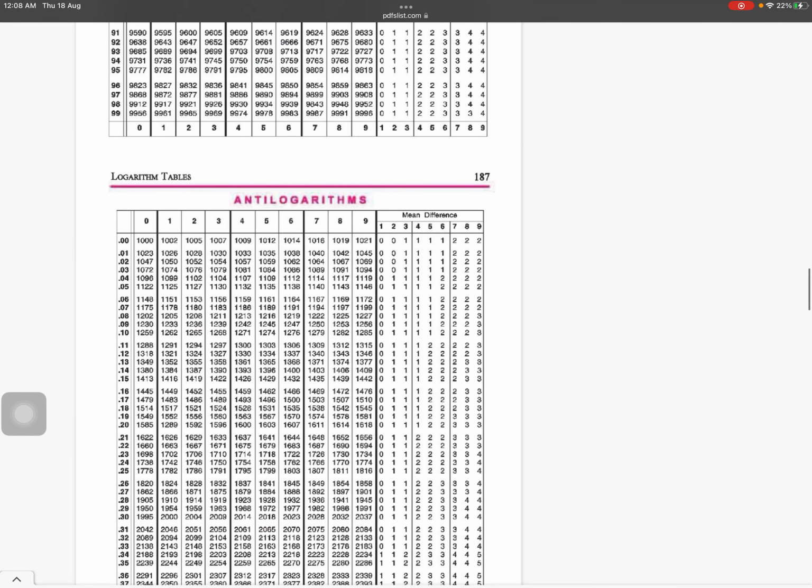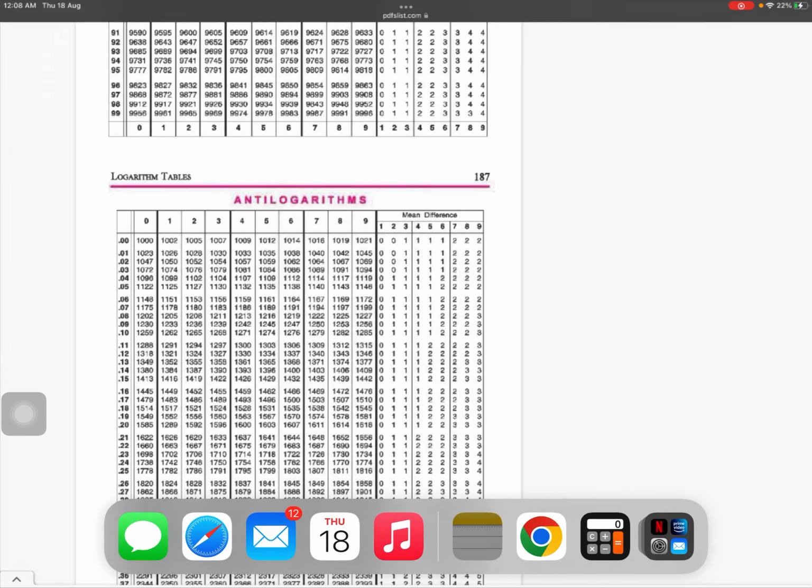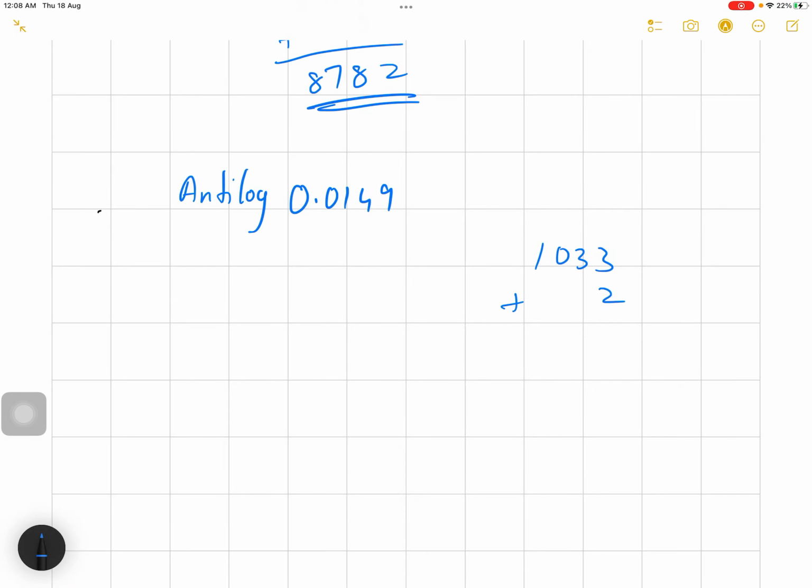Mean difference 9 is 2, so plus 2 and it comes to 1035.